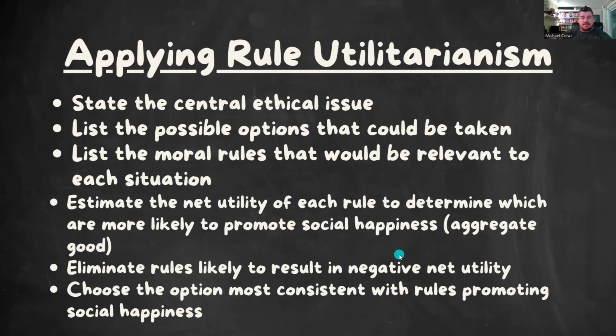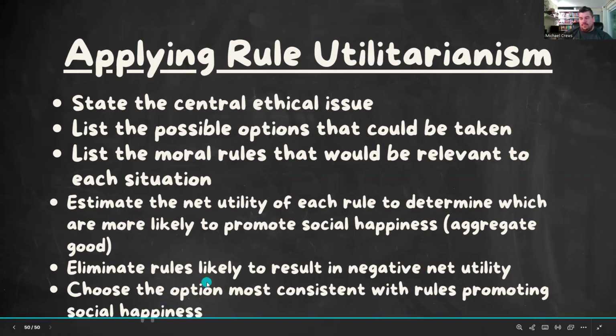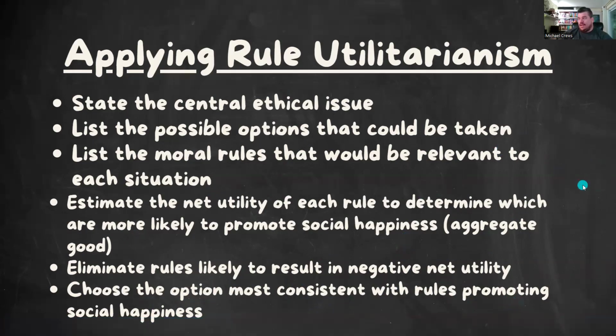Remember that aggregate good. Some groups might be happier or unhappier, but as long as it balances out in the middle, we like it. We eliminate rules likely to result in negative net utility, and then we choose the option most consistent with rules promoting social happiness. Okay, right? And I think that's the end of this slide.